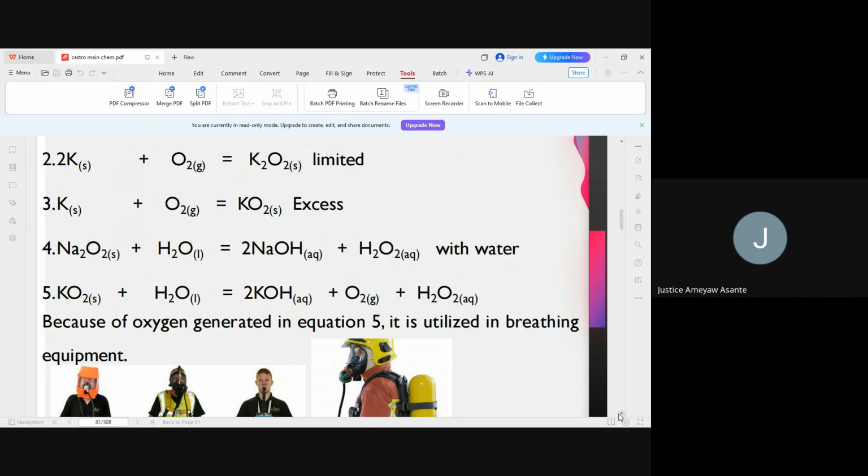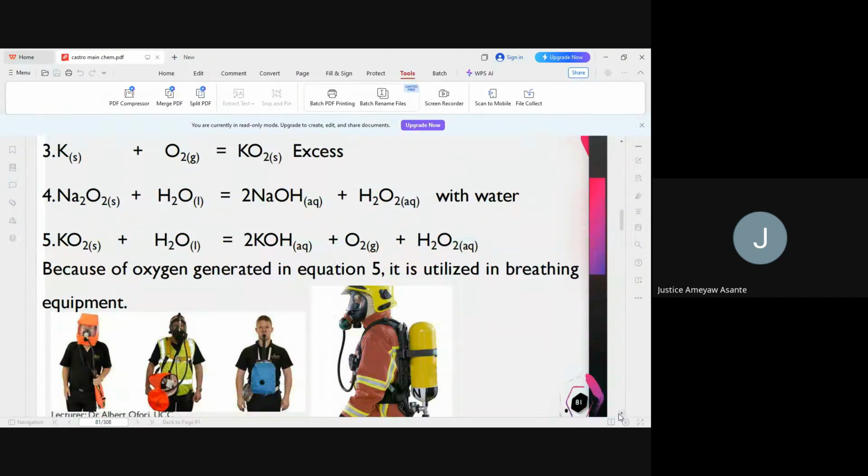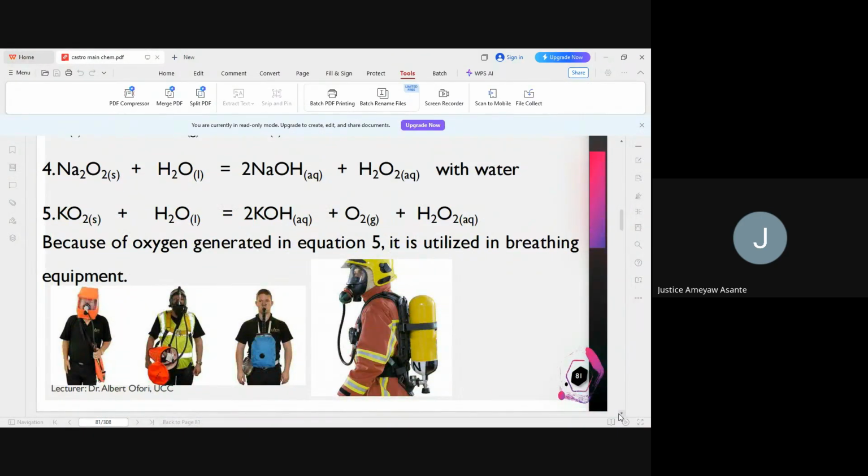When you dissolve sodium peroxide in water, you produce your hydrogen peroxide. Or when you dissolve potassium peroxide in water, you produce your hydrogen peroxide. But here, you produce your base solution, and there will be evolution of oxygen gas if you are using superoxide, potassium superoxide.